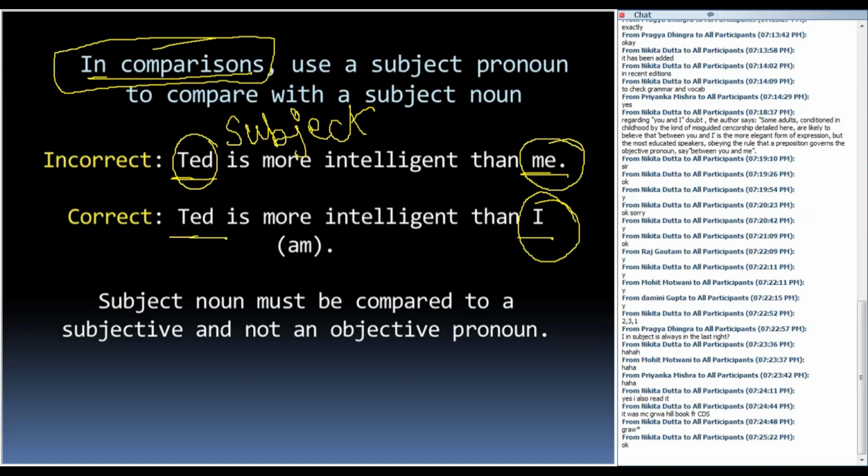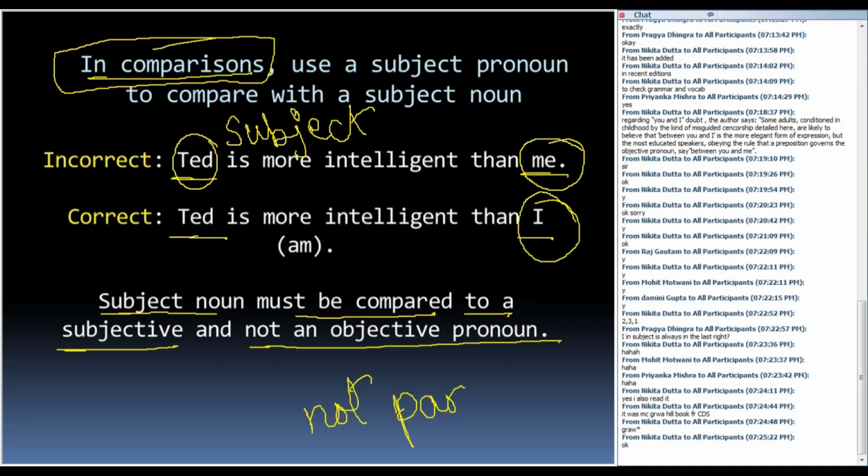So subject nouns must be compared to a subjective pronoun and not an objective pronoun. Otherwise, your comparison is not parallel, it is not equal, and that is why it will become wrong.